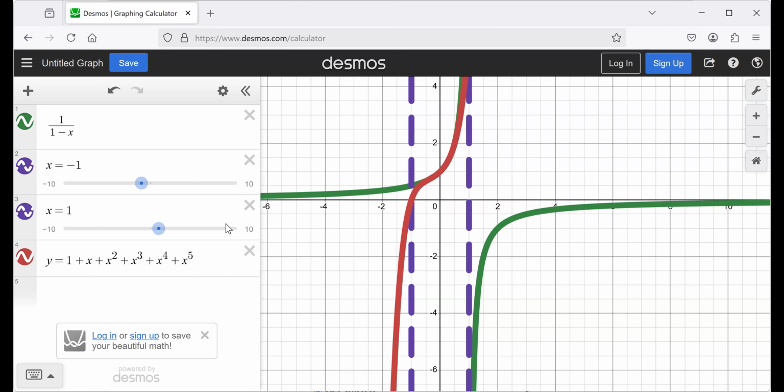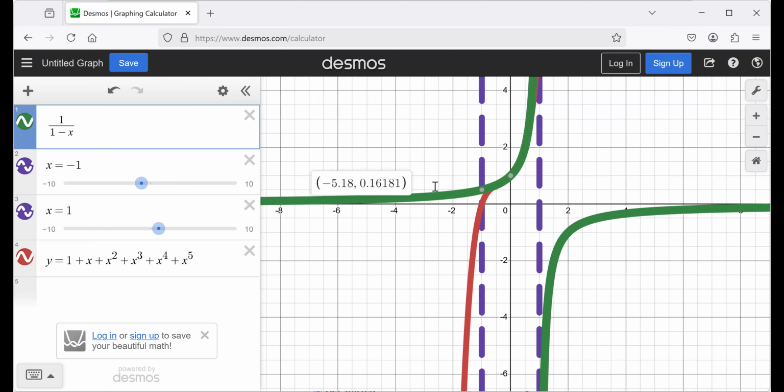And that's not really surprising because this power series doesn't converge over here. It's going to either positive or negative infinity. Of course, it can't look like this finite function.